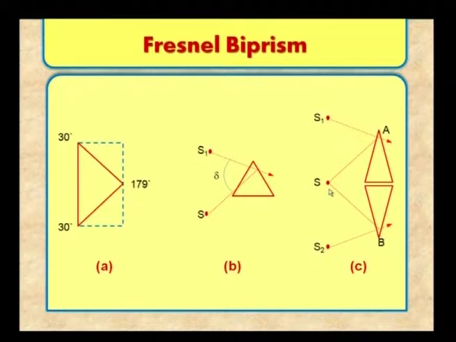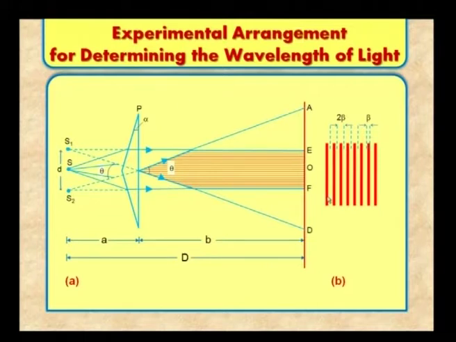Why should you get 2 virtual sources? You have to have 2 coherent sources in order that the interference pattern is seen on the screen. This is the interference pattern. You have a bright line followed by no intensity. The region can be considered as a dark band, again a bright band, dark band.